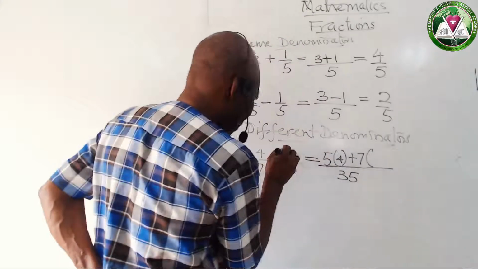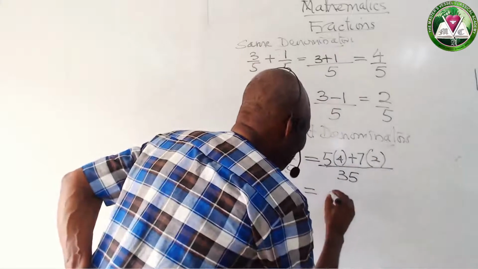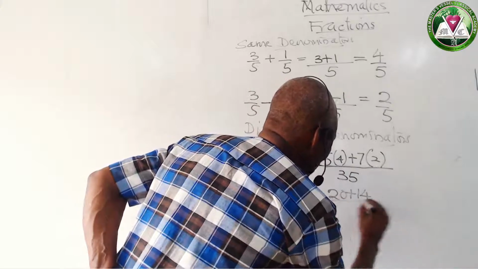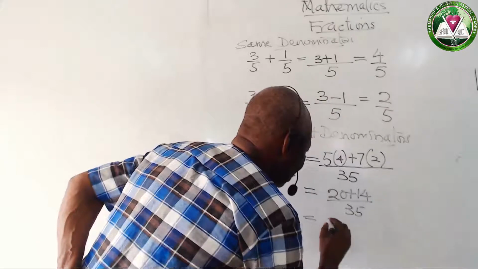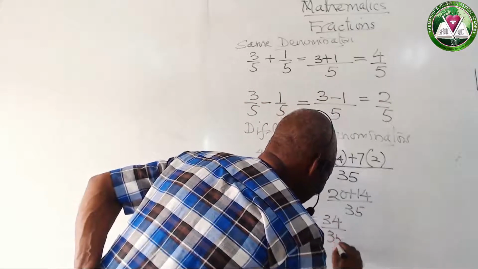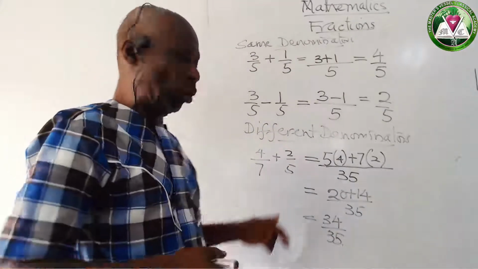But it will go to multiply 2. So if we do that, our answer there will give us 20 plus 14 all over 35. And what will that finally give us? It will give us 34 all over 35.